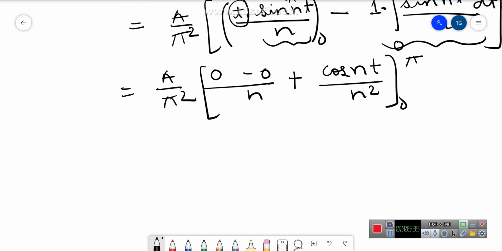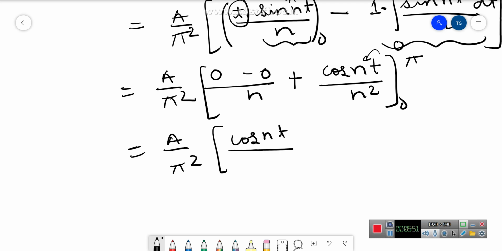Then substituting the pi value here, just simplifying it, we will get cos n t by n square from 0 to pi.